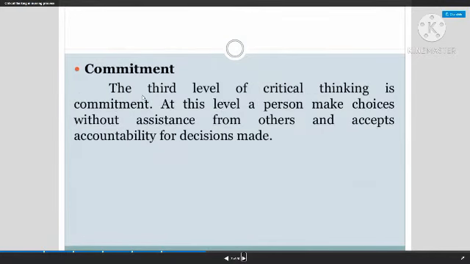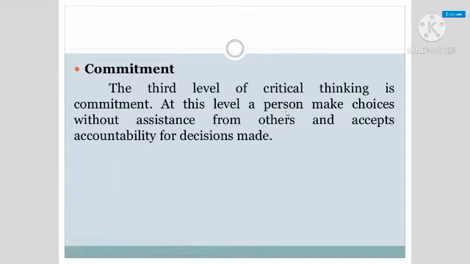Then, regarding the commitment, the third level of critical thinking is the commitment. At this level, a person makes choices without assistance from others and accepts the accountability for the decisions made. Accepting accountability means whenever he or she makes a decision, you have to be able to answer why you have made that decision.